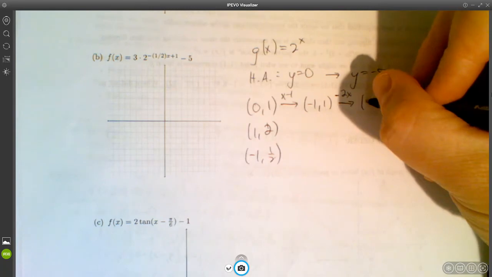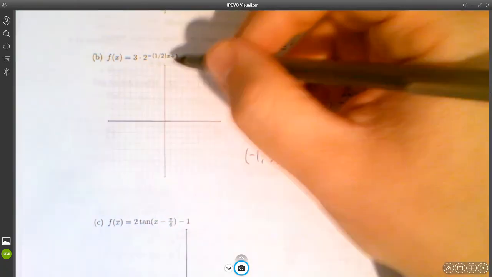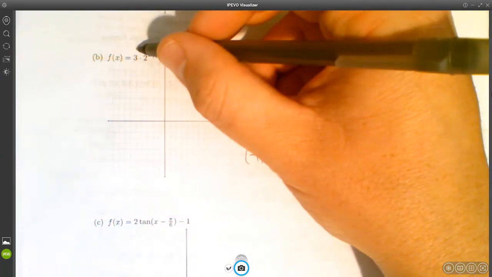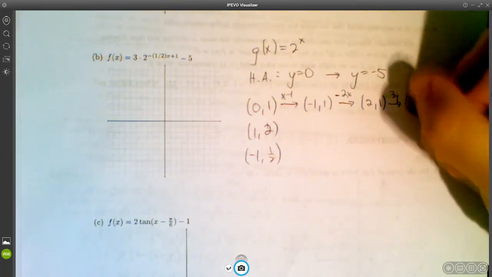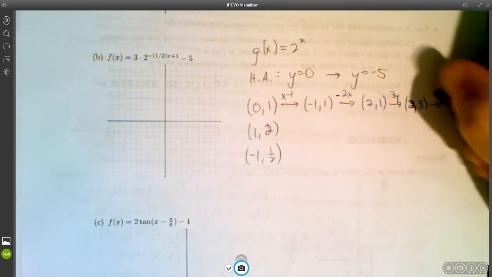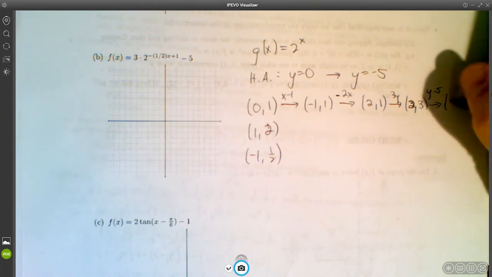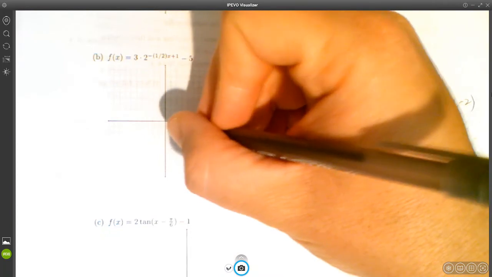So that's going to give me 2, 1. And then for the y coordinate, I'm going to multiply by 3 and then subtract 5. So we end up at 2, negative 2. Right, 2, negative 2.